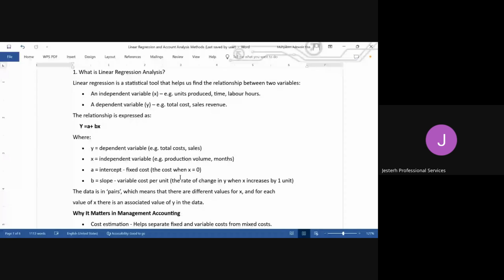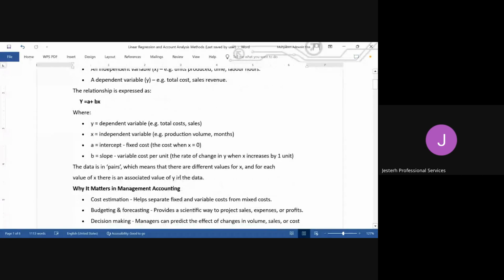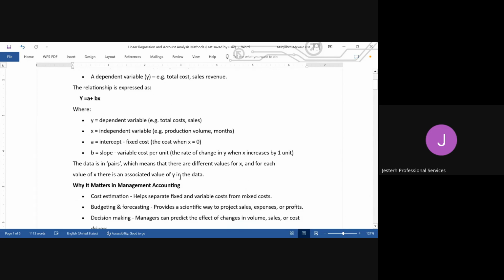This is how we are going to use this same formula when we are preparing linear regression.